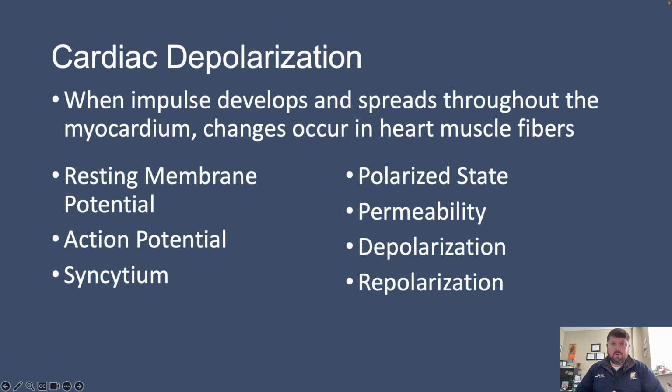So if you remember from anatomy and physiology, the atria have to contract together and the ventricles have to contract together. So all of the electrical cells and all the myocardial cells have to function in a syncytium in order for this to happen at the exact same time. If it doesn't happen in a syncytium, or if it doesn't happen in sync, then you start having some issues.